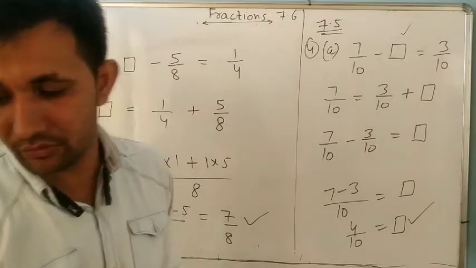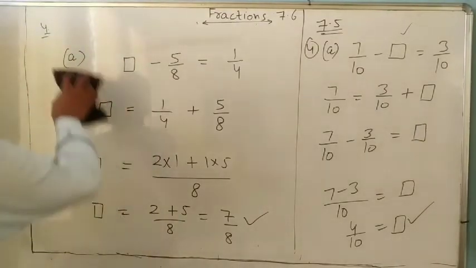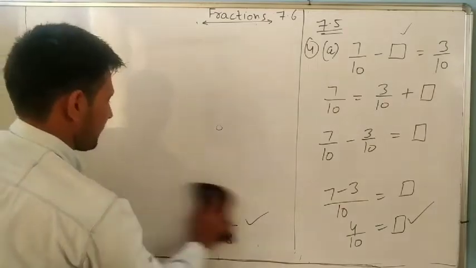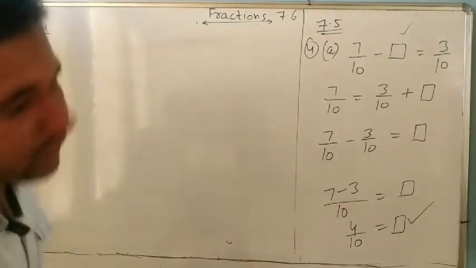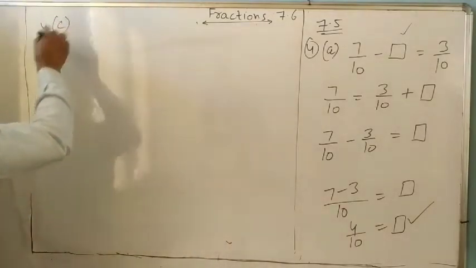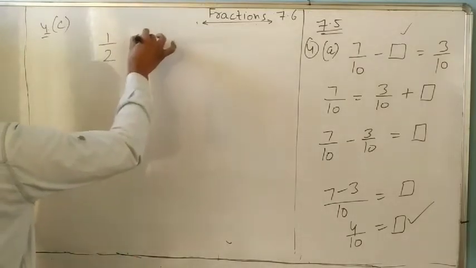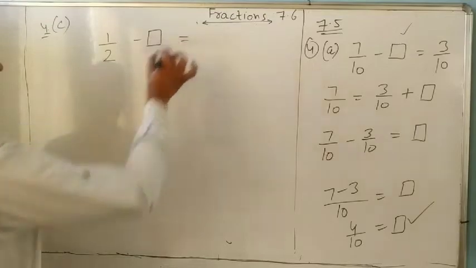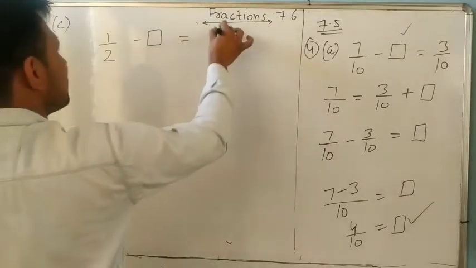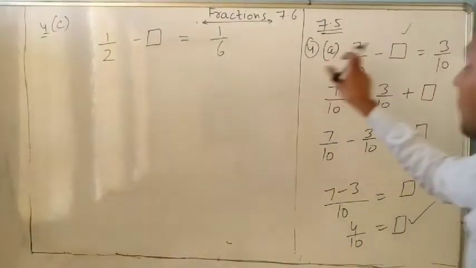Now look at the C part of the fourth question: 1 upon 2 minus fill in the blank equals 1 by 6. This question is the same.